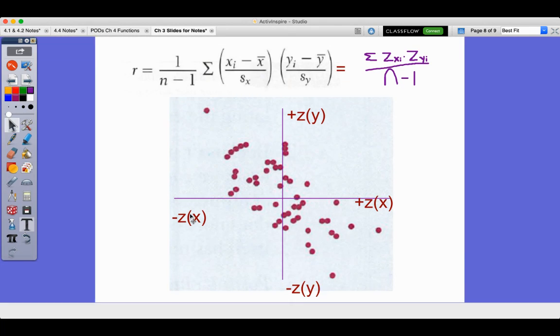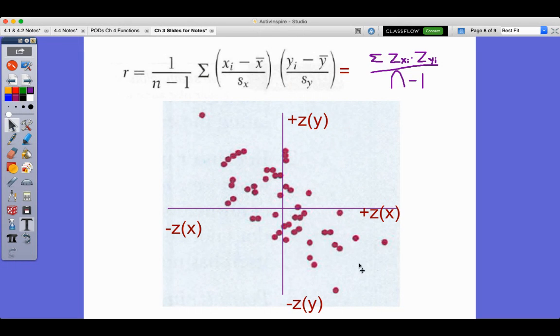And so what we see is these points that are a big number in the x direction and a big number in the y direction contribute a lot. These ones that are either a 0 in the x direction or a 0 in the y direction don't contribute much at all. And so this guy is a positive z for x and a positive z for y because it's up and to the right, so we're multiplying a positive times a positive.